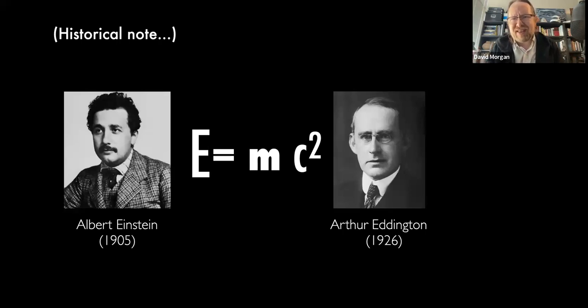The chemical reaction of burning gives off so little energy that the sun would have to burn itself completely out in a few thousand years to give off as much heat as the sun gives off. So it couldn't be burning. It's probably not just thermal compression of gas, but it wasn't until the 1920s that we got a handle on this.